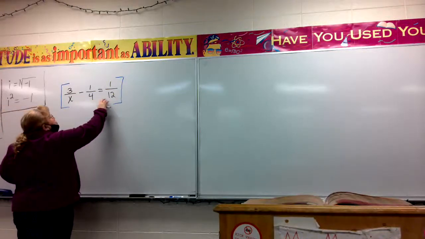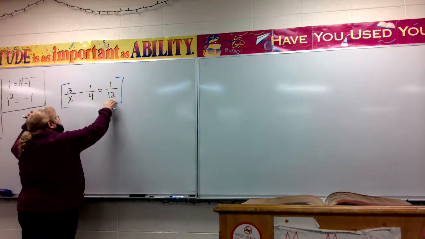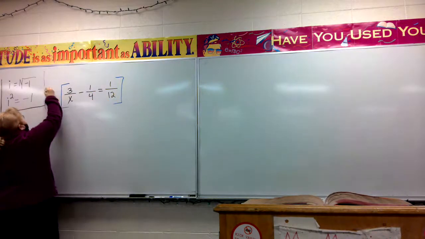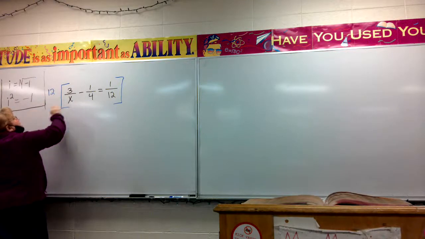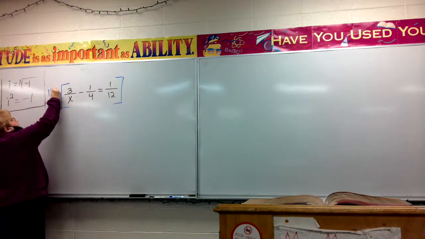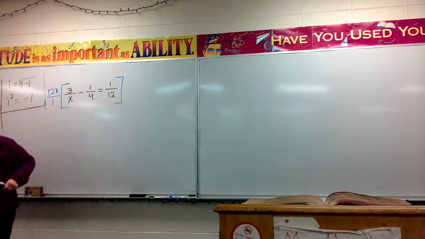What would the number part be? If I have a 4 and a 12, what's the common denominator? Right, 12. And what else will my common denominator have to have? An x. So common denominator 12x over 1, would you agree?